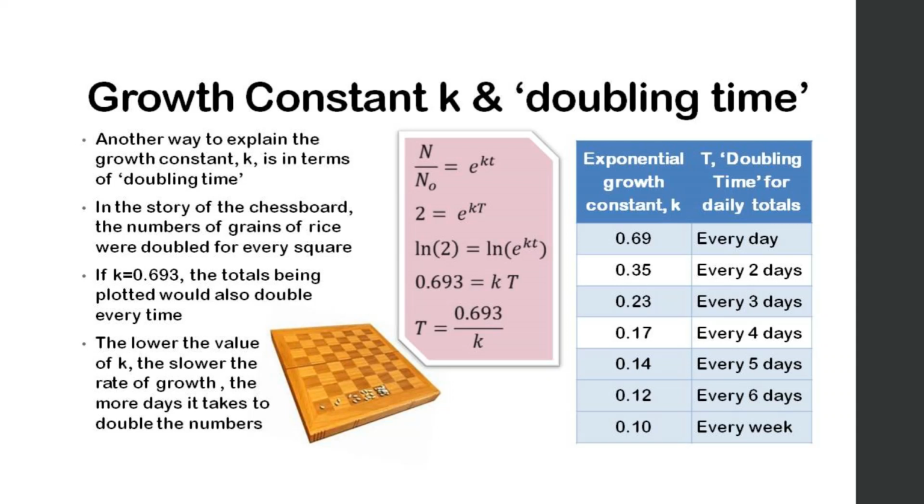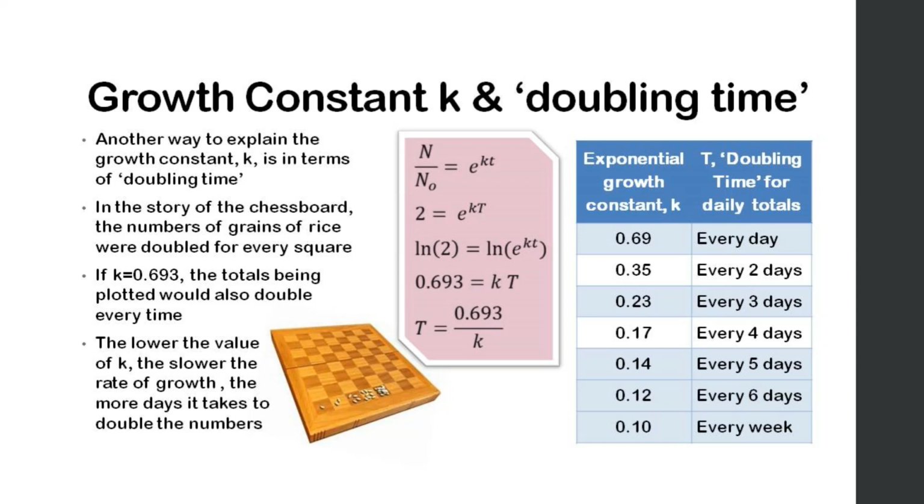Now again, there's some maths here that not everybody will want to know, but the chart on the right gives you some idea about how the size of a growth constant compares to the doubling time, if you like, how long it takes a total to double from where it was before. If, as in the UK at the moment, you've got an exponential growth constant K of around 0.2, 0.23, then the doubling time is about every 3 days, and so the death totals appear to be doubling over that period of time.